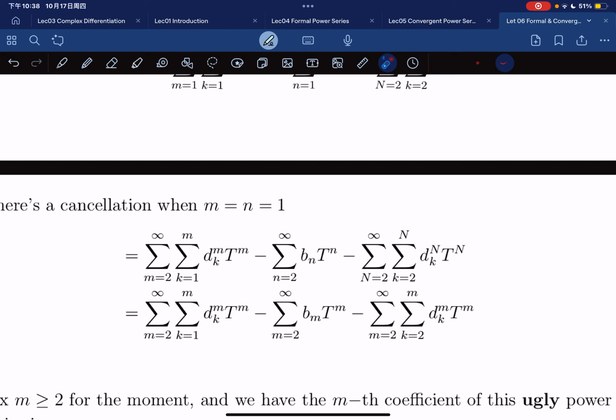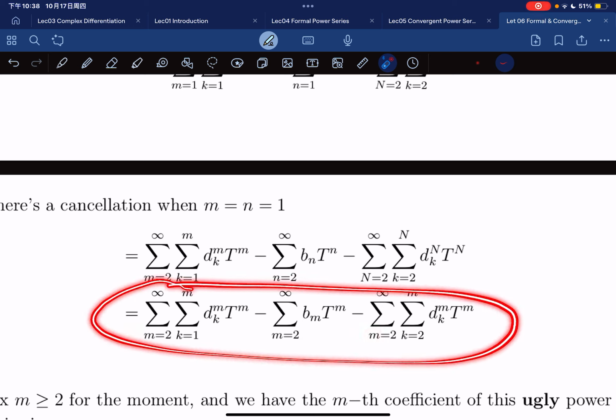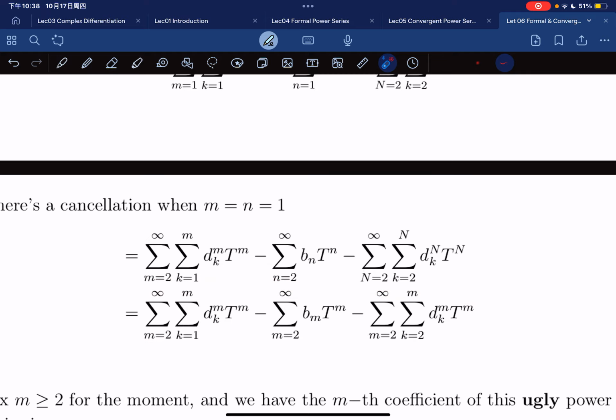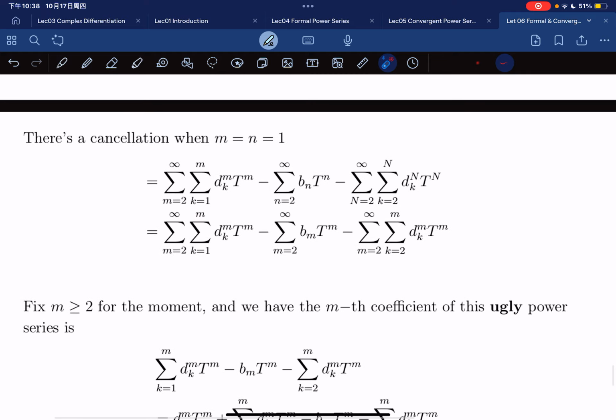And we can just change all the dummy variables to m, right? Because they're dummy variables, right? So if this changes to m, then this thing also changes to m, right? So we just change our dummy variables all to m. It will look like this.